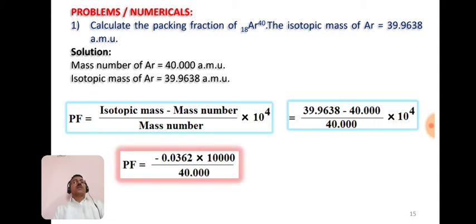Simplifying this, we have minus 0.0362, the difference between these two, into 10 raised to 4, meaning 10,000, upon 40, and it will be equal to minus 9.05. So this is the packing fraction. In this way we can calculate the packing fraction of any element when the isotopic mass of that element is provided.